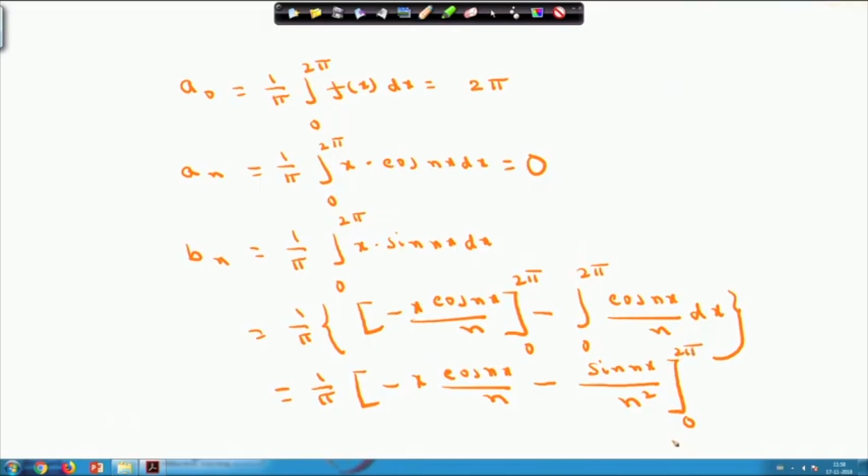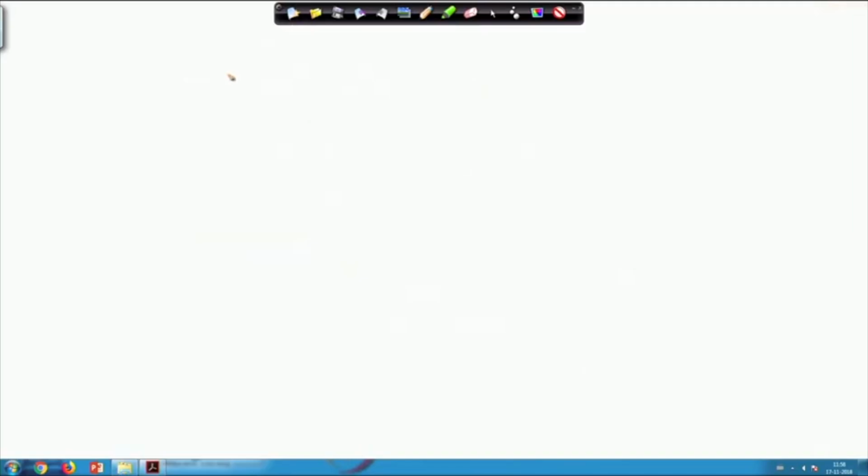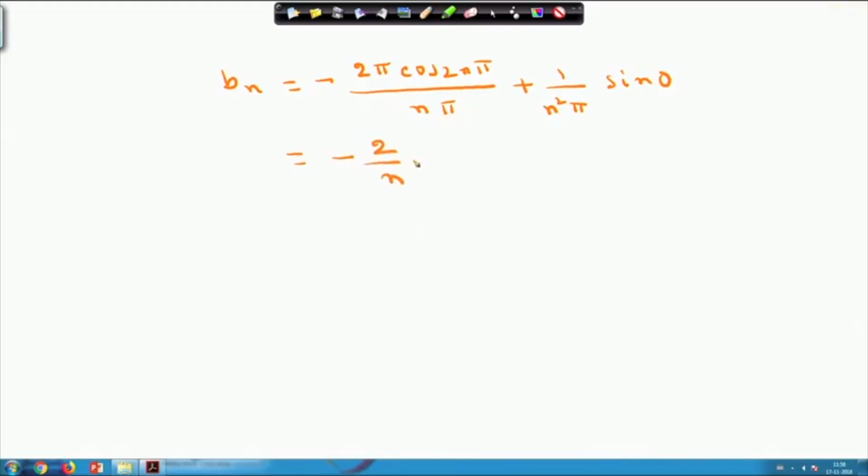So, if I evaluate the limit of this, I will obtain b n equals minus 2 pi into cos of 2 n pi by n pi, plus 1 by n square pi into sin 0. Sin 0 term will vanish, and pi will be cancelled, cos 2 n pi is 1.